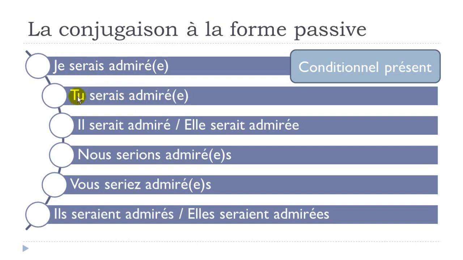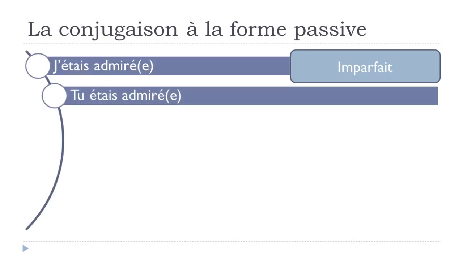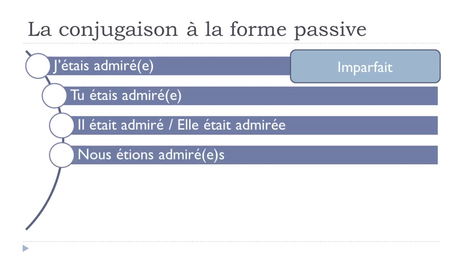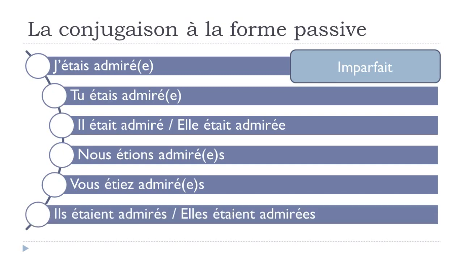If you look carefully, it's only the verb être that will change. And then the imparfait form would be j'étais admiré, tu étais admiré, il était admiré, elle était admirée, nous étions admirés, vous étiez admirés, ils étaient admirés, elles étaient admirées.